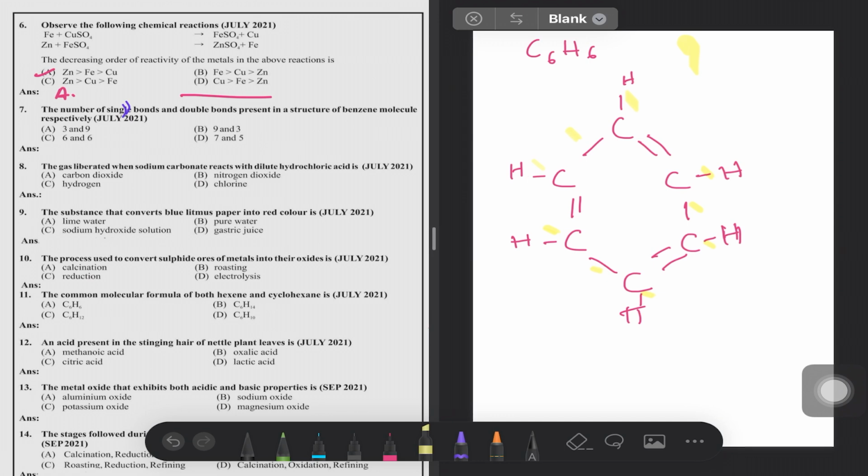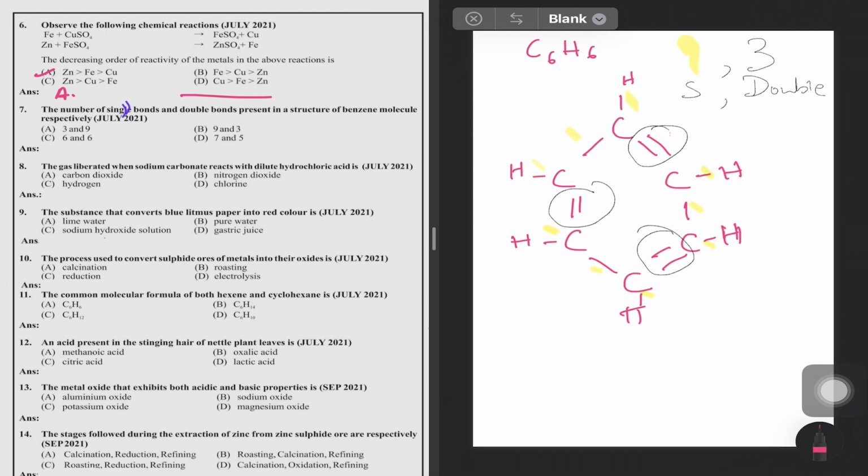And coming to the double bonds, 1, 2, and 3. So 9 single bonds and 3 double bonds. So search for the option which has 9 single bonds and 3 double bonds. It is option B.